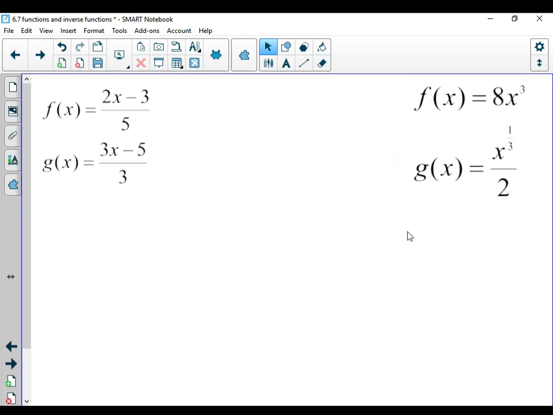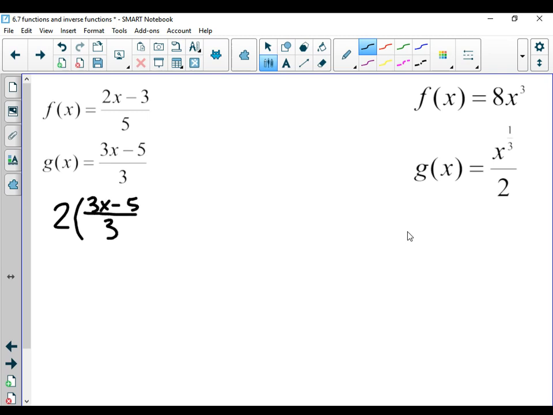Okay, I didn't give myself enough room on that one slide there. So let's look at the first one. So if I take g of x and I plug it into my f of x equation, more times than not, but it's still possible, if it is something weird like that where things don't just automatically start canceling out, they're not going to be inverses of each other.